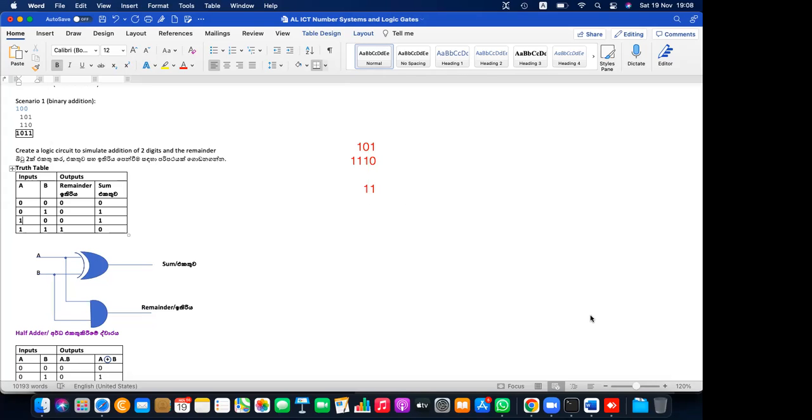But the problem is then 1 plus 1. What is 1 plus 1? You cannot write 10 there. Actually, you are writing 0 there. 1 plus 1 is 0, then remaining 1.